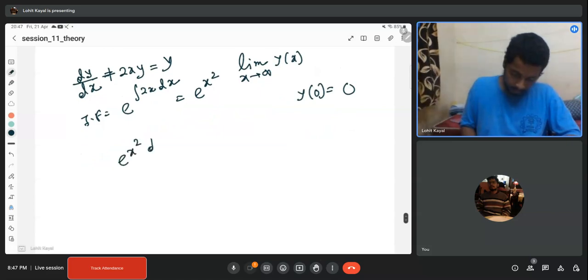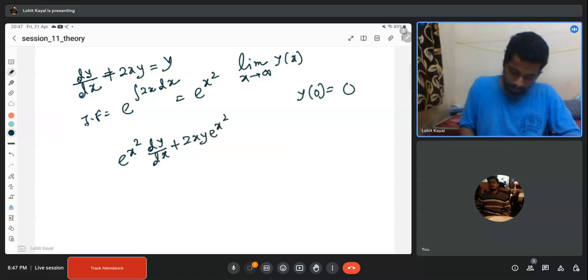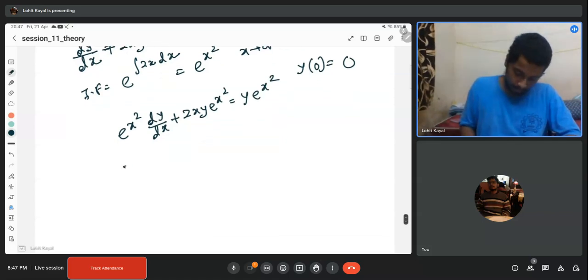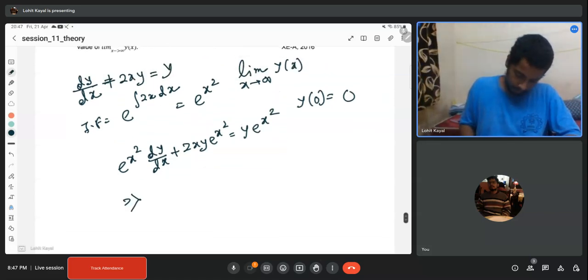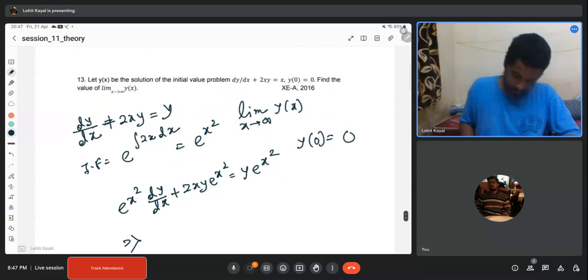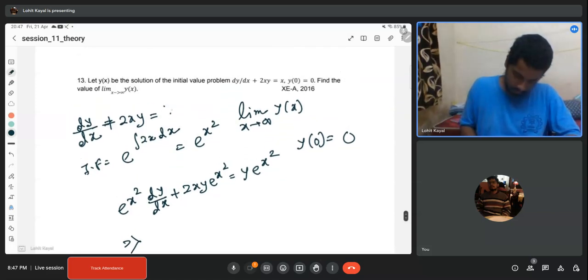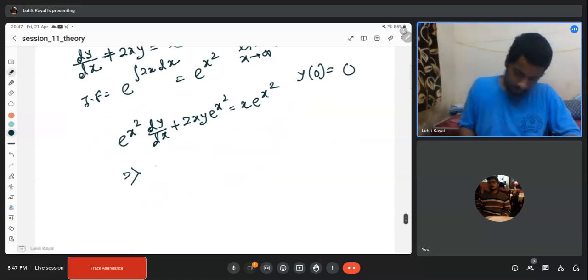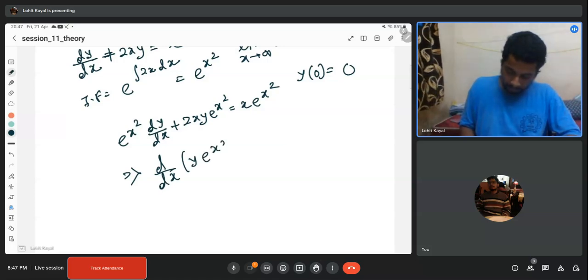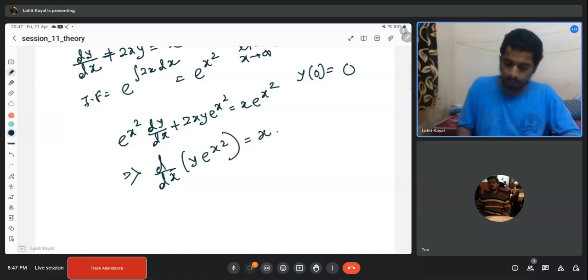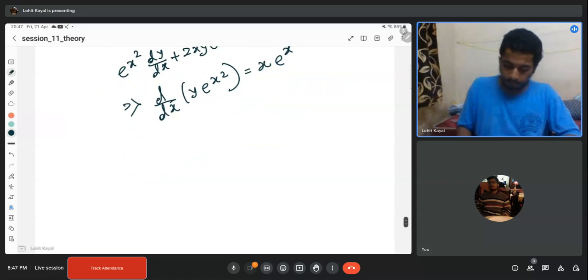So it will be e to the power x square dy/dx plus 2xy e to the power x square equal to x e to the power x square. This implies, not y, sorry, x. That means d/dx of y e to the power x square equals x e to the power x square.